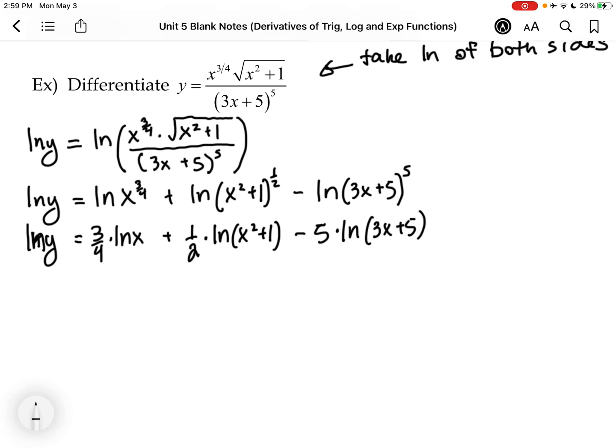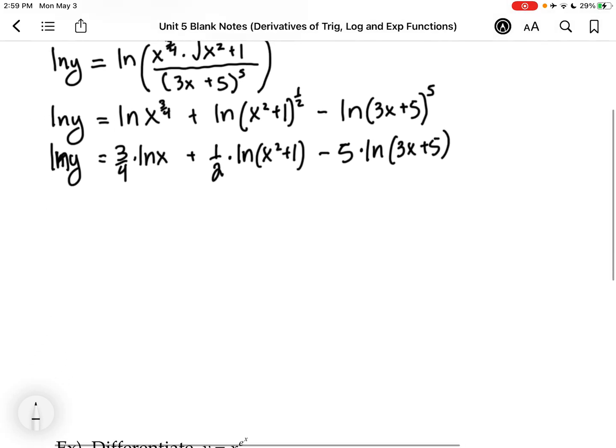Okay, now this is quite nice because remember if y equals ln x, the derivative is 1 over x. So these derivatives are quite nice to deal with.